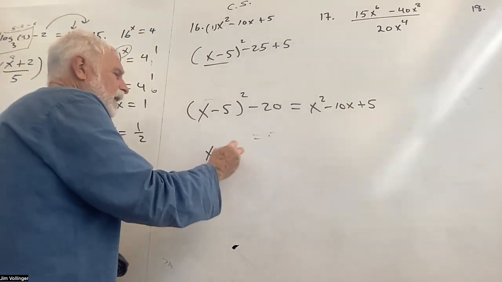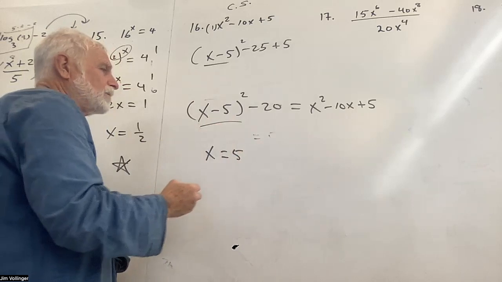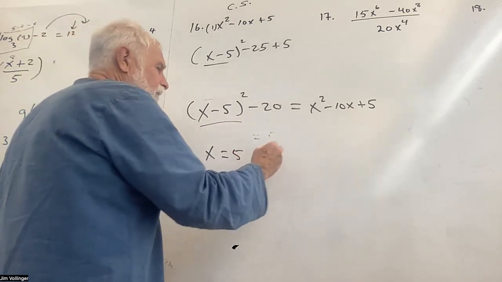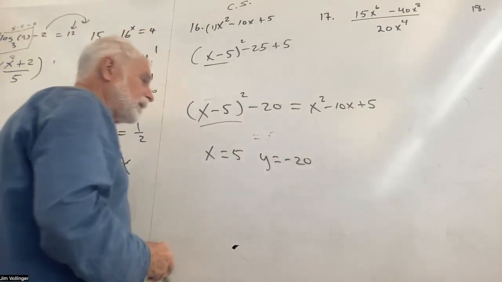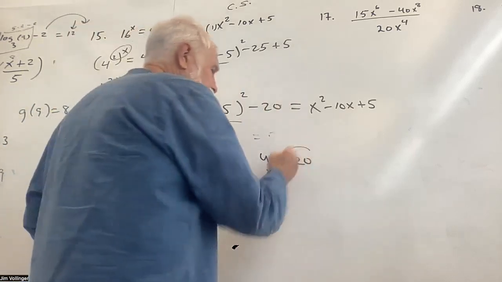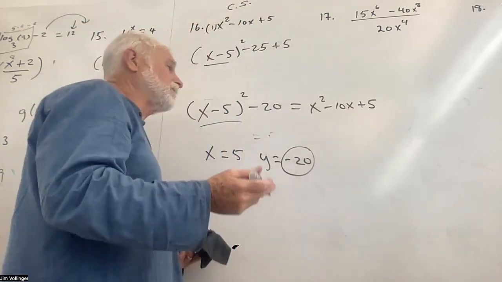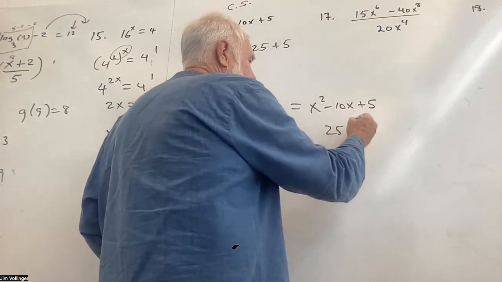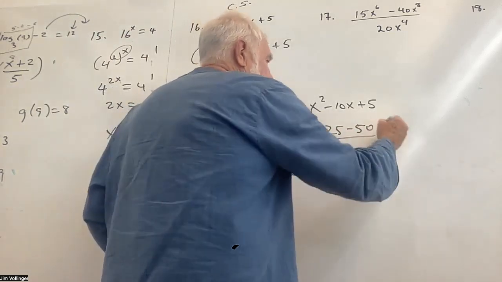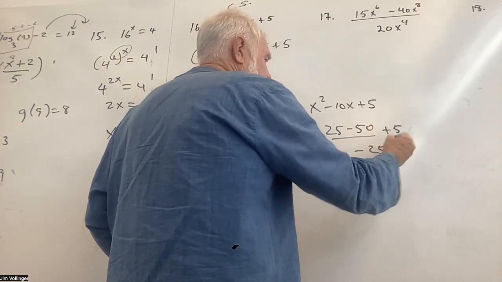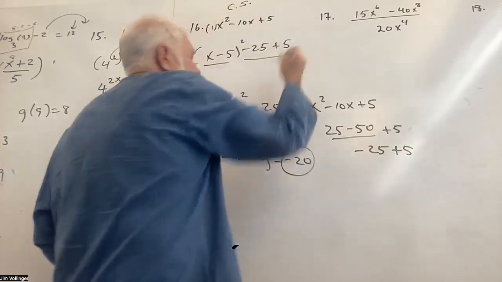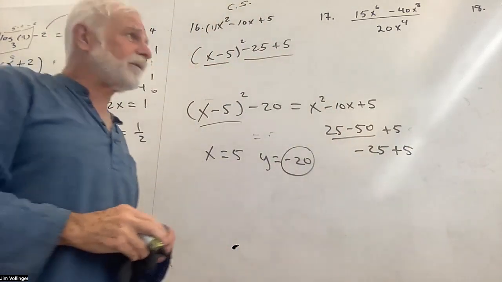Let's let x equal 5. I get a y value of minus 20. So over here, if I put 5 in and it doesn't come out as minus 20, I made a careless error. So 25 minus 50, oh, I like it already, plus 5, minus 25 plus 5. I don't think we have to go any further. Sure looks right to me.